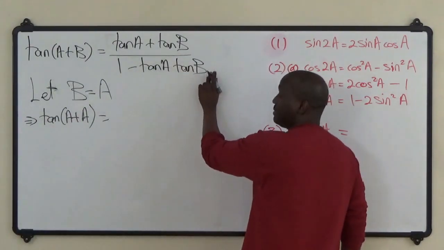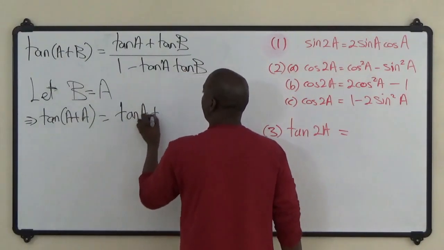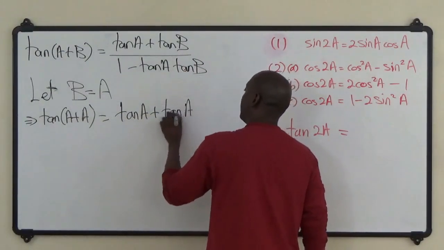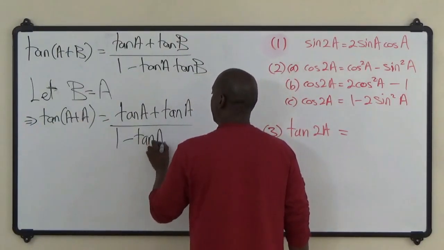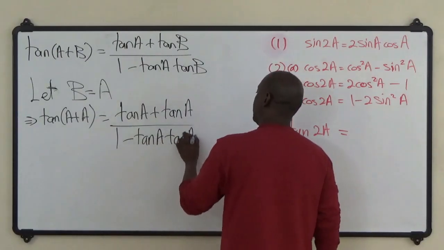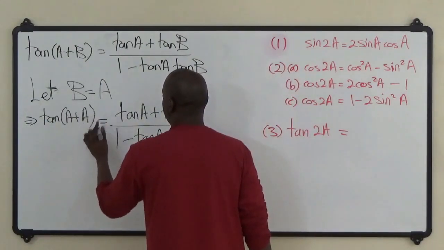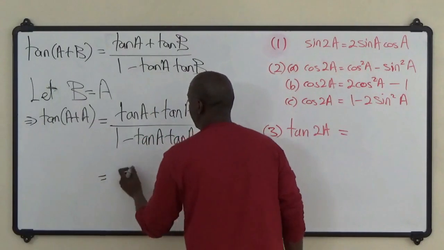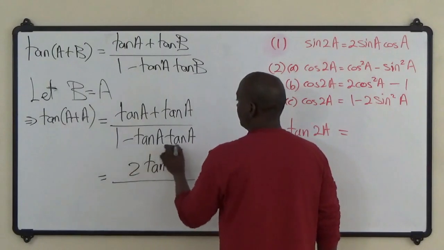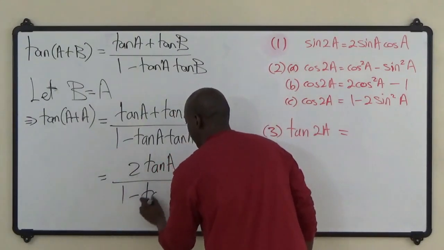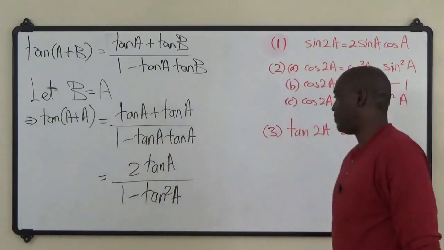Every time we have B, we substitute tan A. So you get tan A plus tan A over 1 minus tan A by tan A. And of course, we say now that that is equal to tan A plus tan A would be 2 tan A, and 1 minus tan A tan A is the same thing as 1 minus tan squared A. Again, we see a difference of 2 squares here.